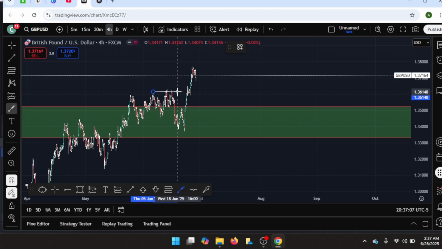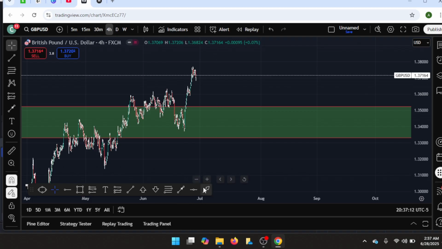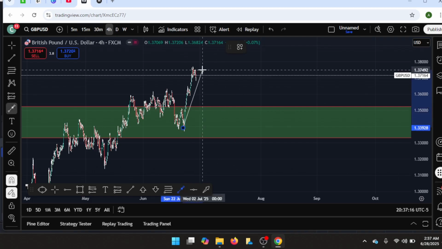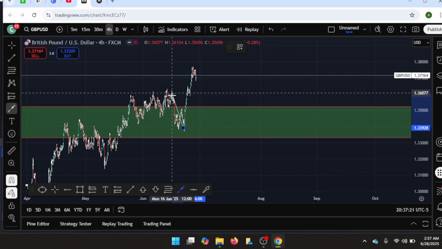Take note, in the 4 hours time frame, this was the previous structure. What now happened? A new structure is formed, which broke this previous high.